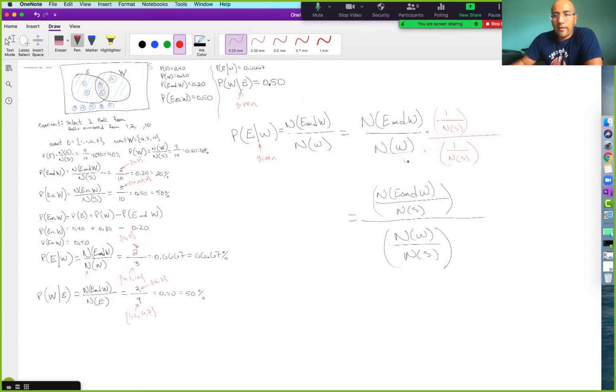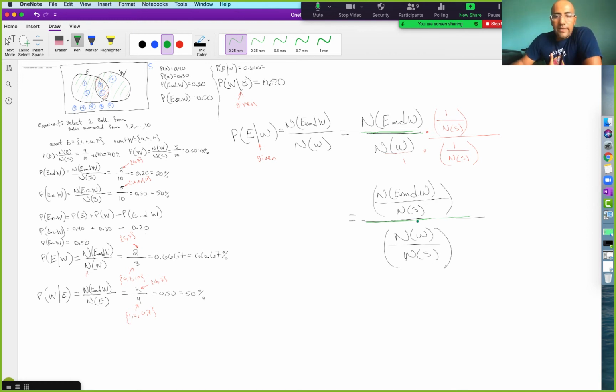I can put a little 1 there. So multiplying these two things together gets me this one, and multiplying these two things together gets me this one. Good. So there's one giant fraction, and now I have another fraction in the numerator and a fraction in the denominator.